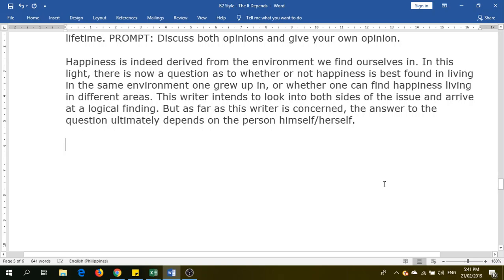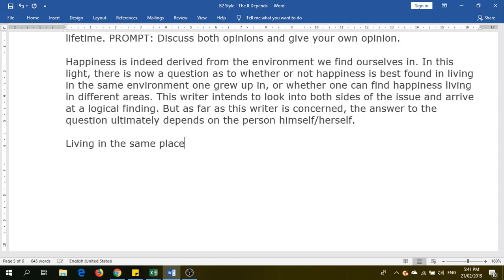So for the first body paragraph, I will now talk about living in the same area. So like for example, I can say, let's just fix the formatting over there. Living in the same place does pose advantages for certain types of people.